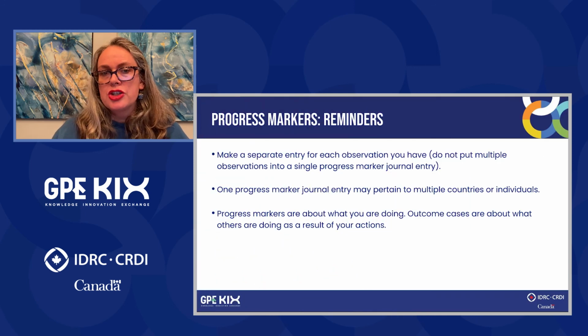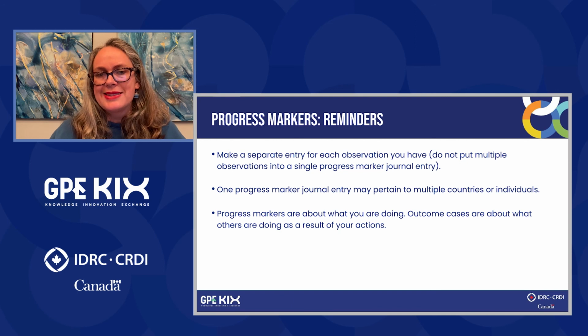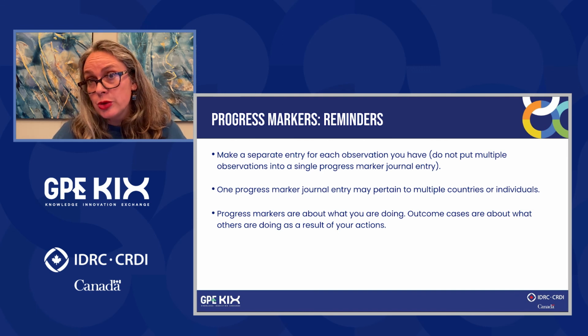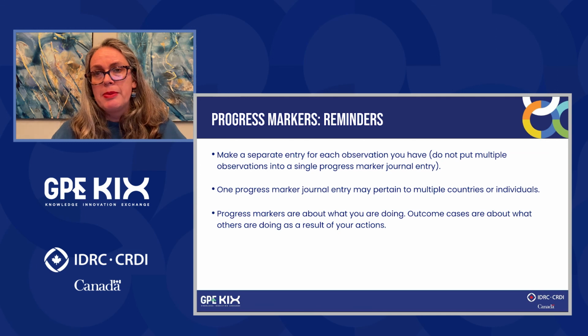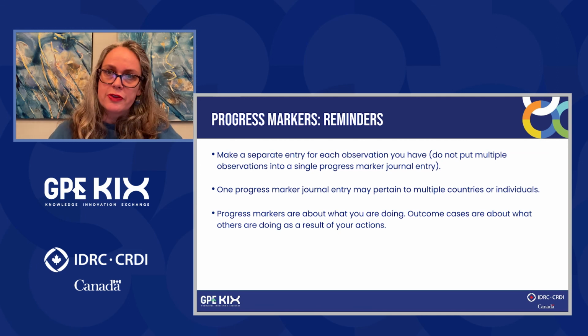It's important to make sure that you're doing a separate entry for each observation. So you may observe quite a few changes, maybe in different team members, but make sure for each of those observations, each of those changes that you've noted, that those have their own unique entry in the progress marker journals.